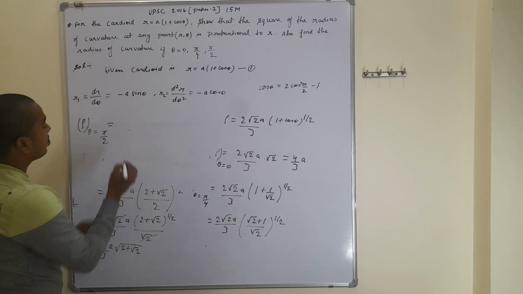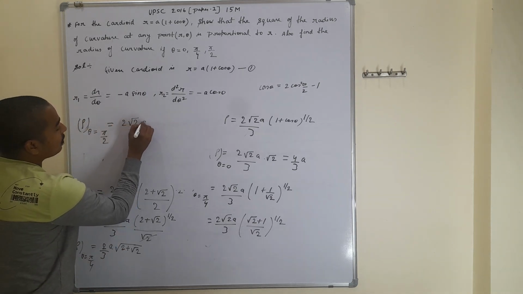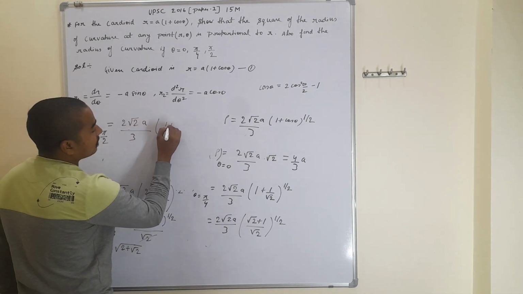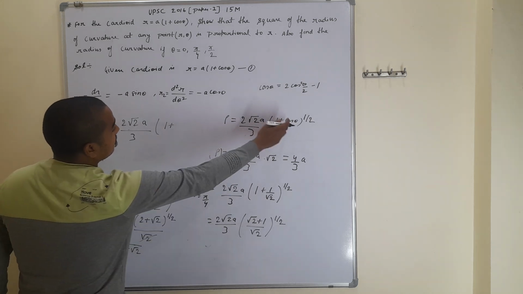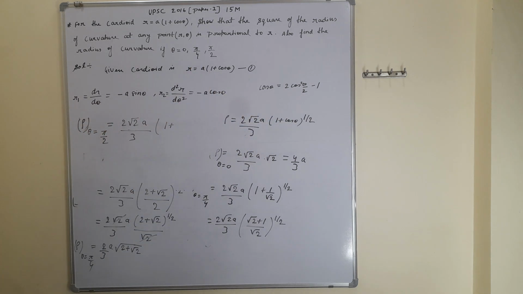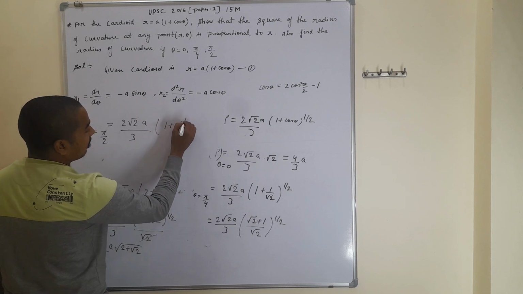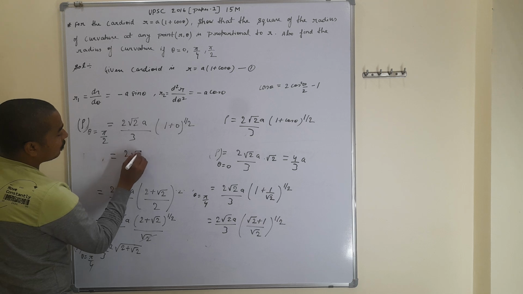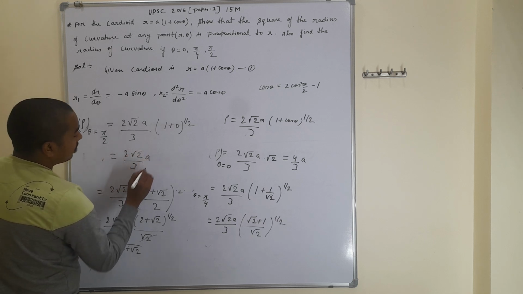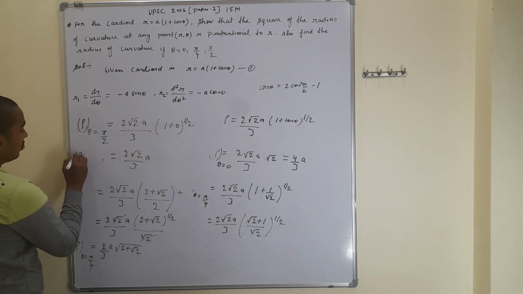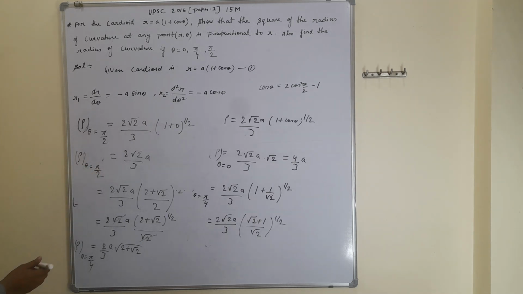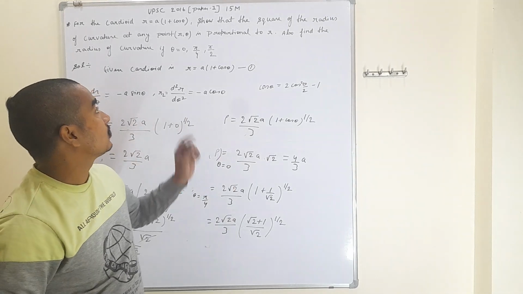On putting, that is 2 root 2 into a upon 3 and 1 plus cos 90, putting theta in place of pi by 2, cos 90 is 0, so 0 power 1 by 2, remaining is 2 root 2 upon 3. This is the required solution of the given question. Thank you class. This is the required solution of the given problem.